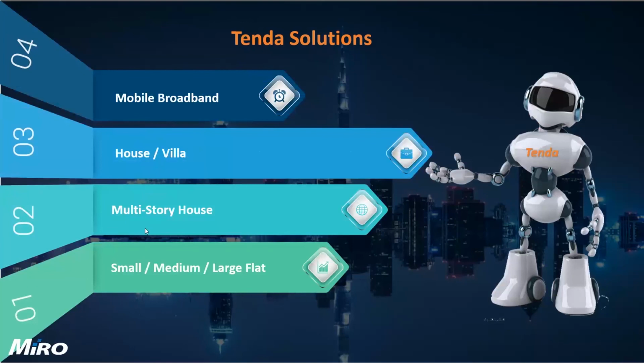I know some ISPs want to have full autonomy over the network speeds, but what's nice about Tenda is that it gives the customer the ability to manage their own network, do things like parental control. It's a lot more challenging to control kids who are connecting to the internet, but through specific scheduling of your Wi-Fi, you can enable a time slot that says between this time and this time, this IP address cannot connect through to the internet.